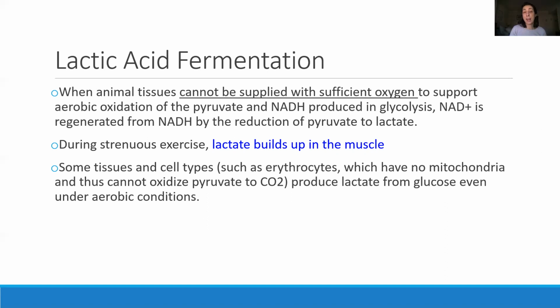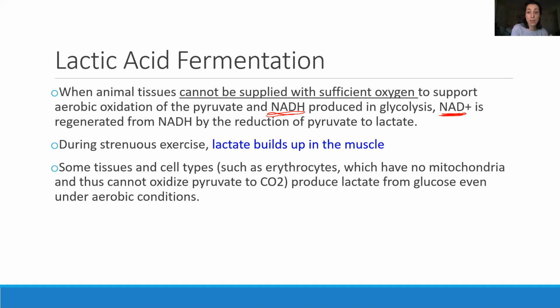then the pathway we have to continue using is actually glycolysis. But glycolysis uses NAD+ and makes NADH. So if you want to continue glycolysis, if you want to continue making ATP and energy in glycolysis, you actually have to start regenerating that NAD+ so that it can be used in glycolysis.